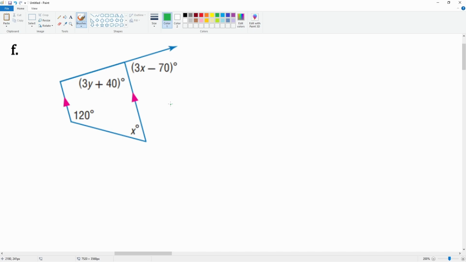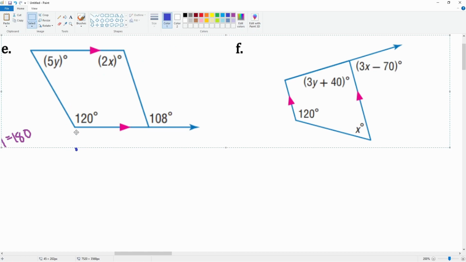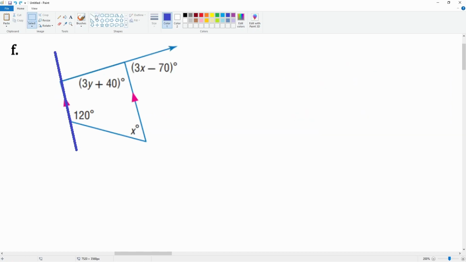Now let's take a look at F. Very interesting. Okay. Let's extend the line like before. Here's your first parallel line. And then here is your second parallel line. Let me draw the arrows so we know that they go on forever. And then let's extend the red line, which is your transversal. That is what cuts it across.